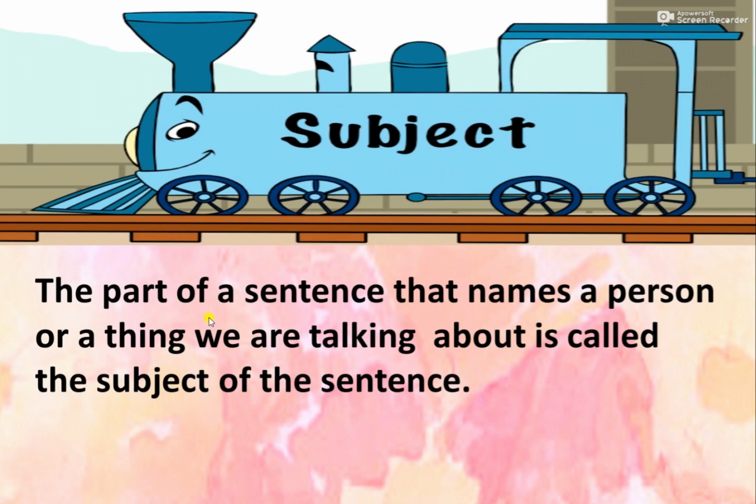The part of a sentence that names a person or a thing we are talking about is called the subject of the sentence. So girls, a subject is what or whom the sentence is about, or what a sentence is talking about.